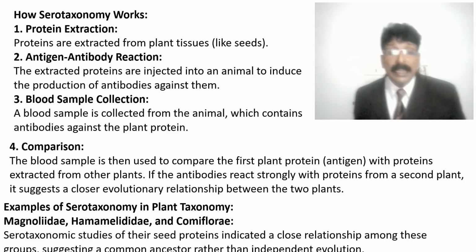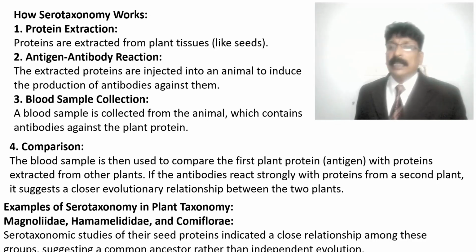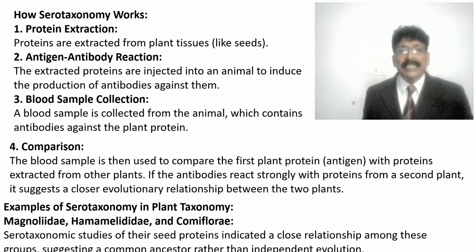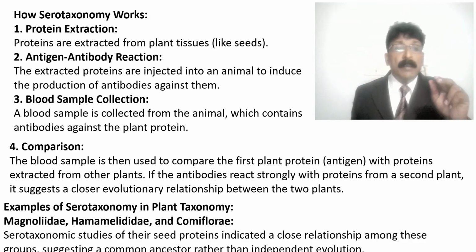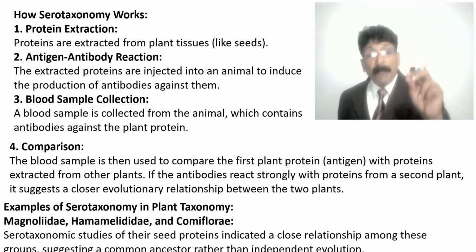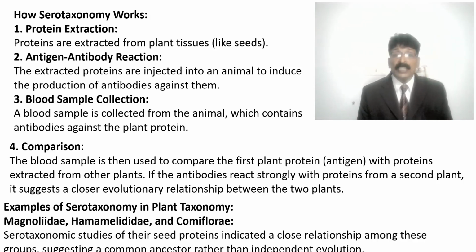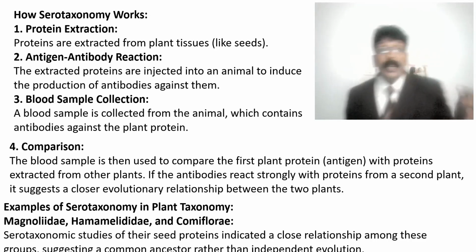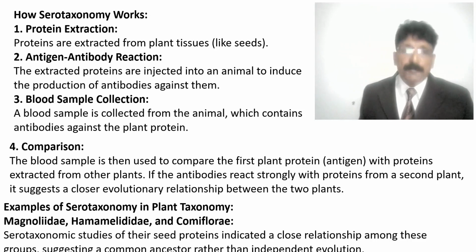Serotaxonomic study of their seed proteins indicates a close relationship among these groups, suggesting a common ancestor rather than independent evolution. They took one plant extract, produced an antibody from it, and compared it with all the other groups of plants, and they found that these three groups have a close relation.